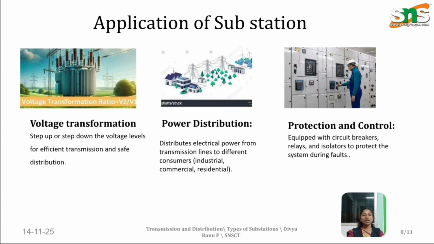Power distribution is the main part, which distributes power from the transmission side. Coming to protection and control, it is equipped with circuit breakers, relays and isolators to protect the system during fault conditions. Protection plays a major role because we have to reduce the faults, or immediately give a solution to the faults to satisfy the consumers.